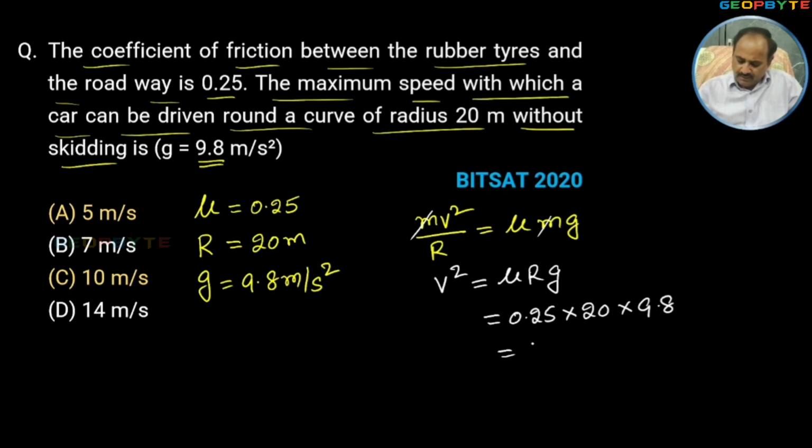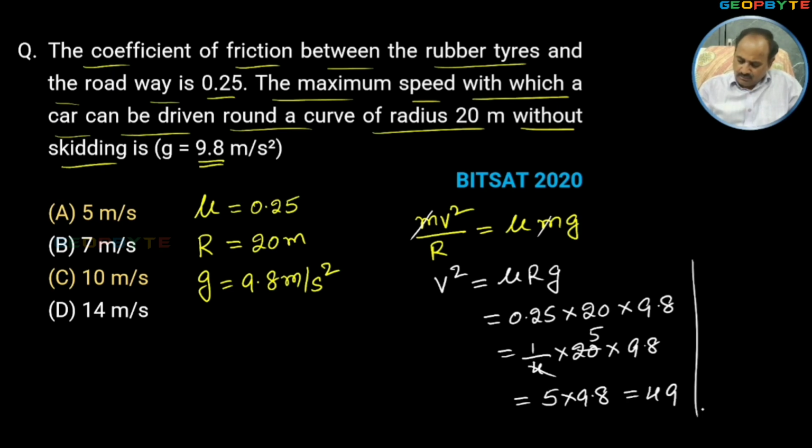Here 0.25 I can write as 1 by 4, into 20 into 9.8, is equal to 5 into 9.8. 5 into 9.8 is 49. So you got v square equal to 49. Then what is the v value? Root 49 equals 7 meter per second. That is the maximum speed that we can maintain in the car for avoiding skidding while taking a turn in a curved path. Look at option B. Option B is absolutely correct.